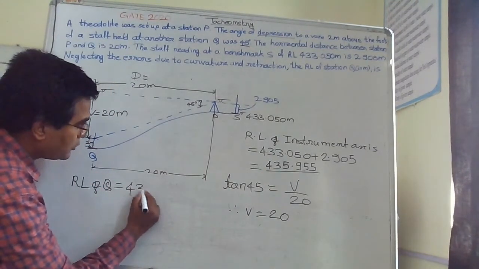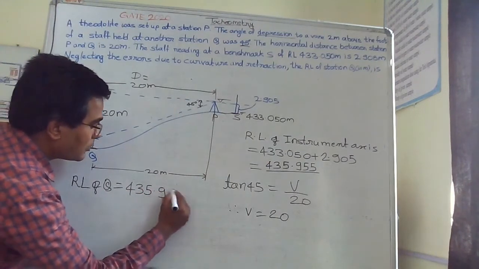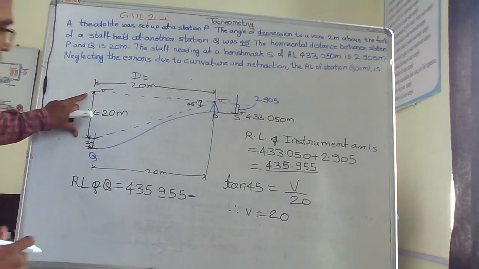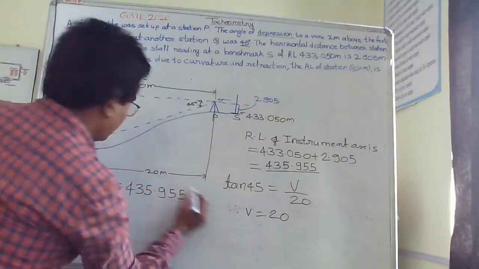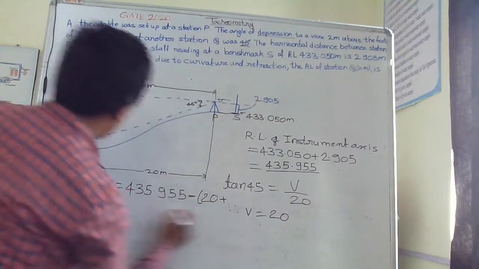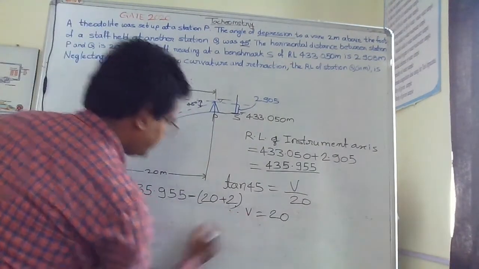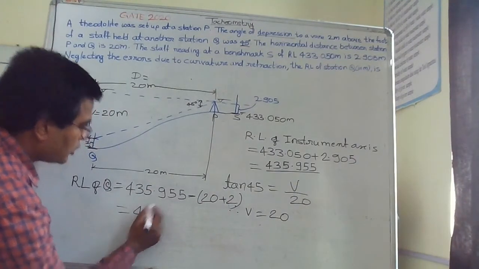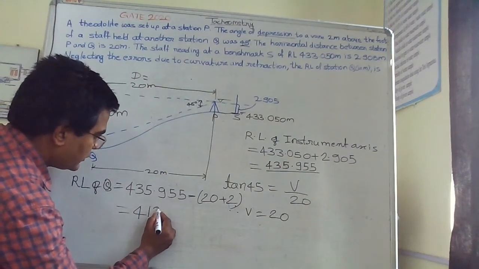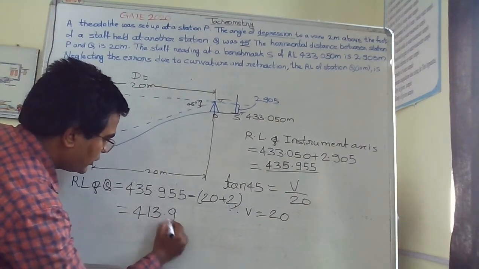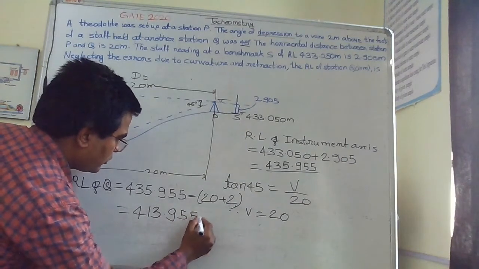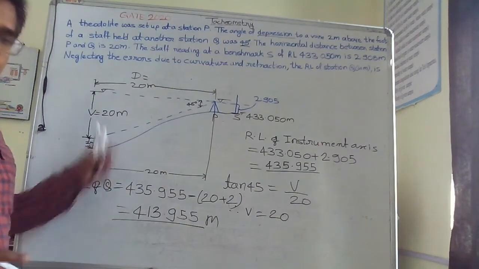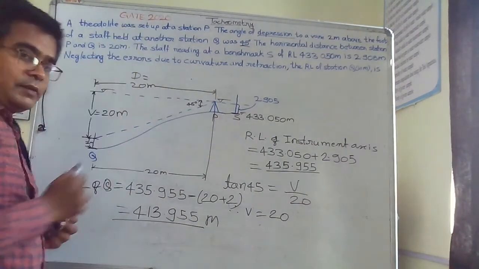It is 435.955 minus this vertical distance, 20 plus this staff reading 2 meter, and it is coming nothing but 413.955 meter. This is a simple problem asked for 2 marks in the GATE 2020 exam.